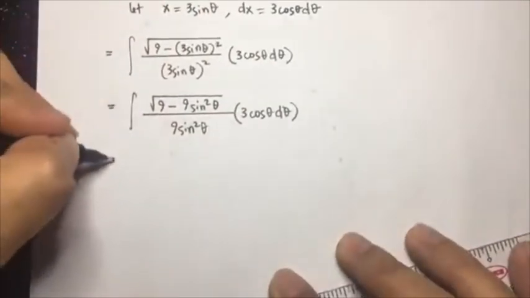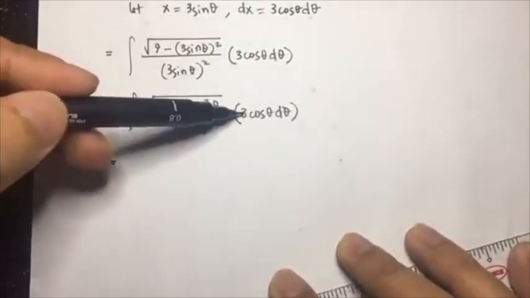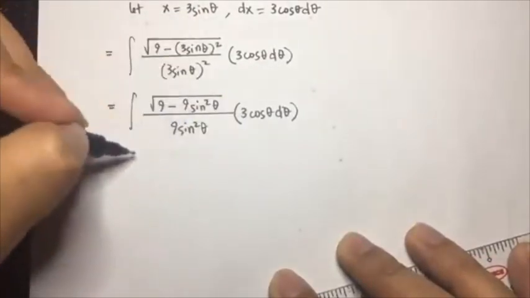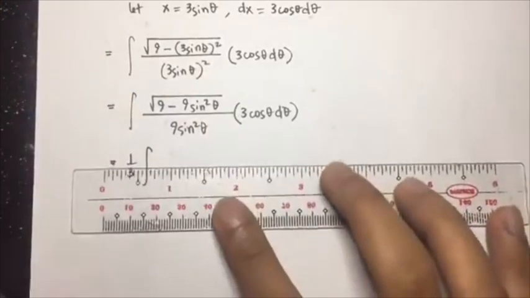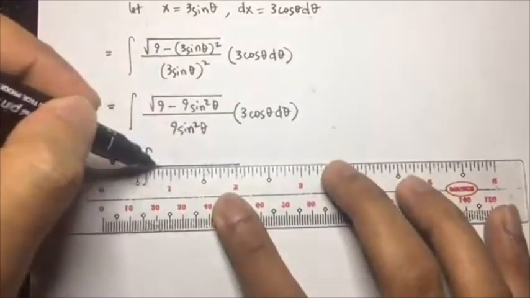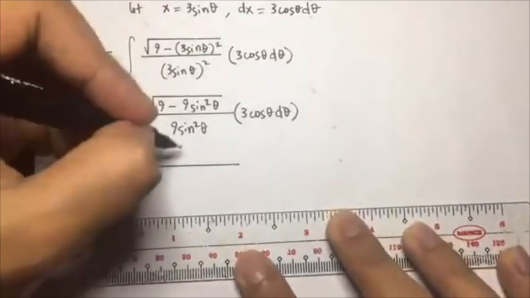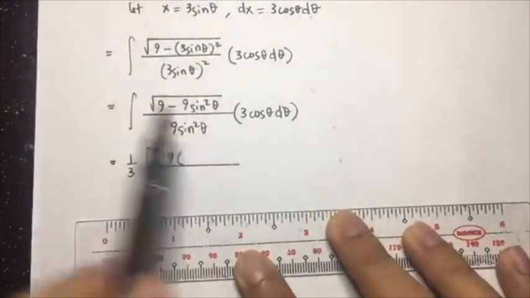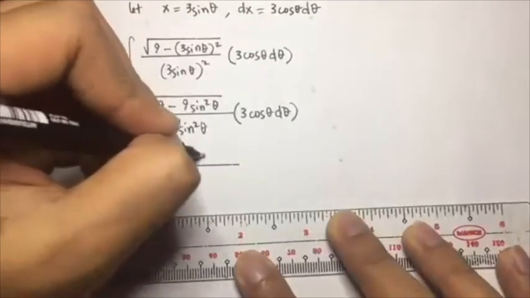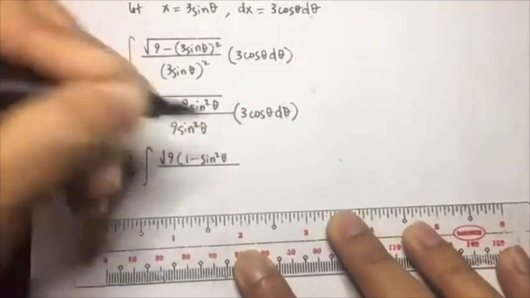We can simplify: 3 over 9 is 1/3, times the integral of, we can factor out 9, the square root of 9 times 1 minus sine squared theta.